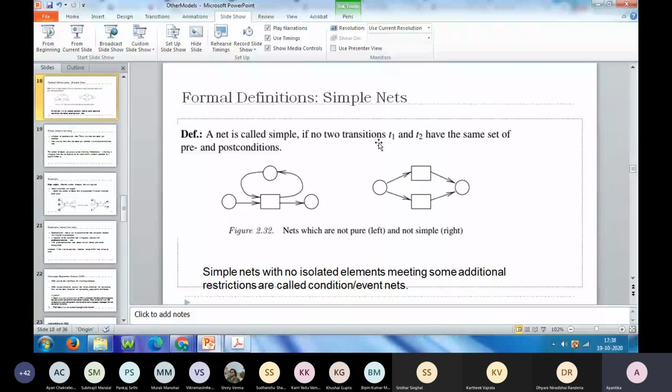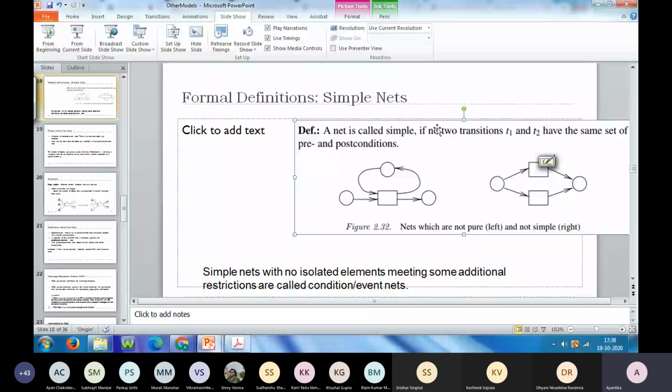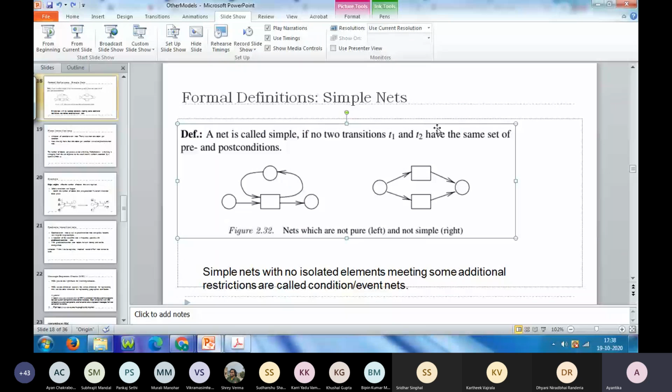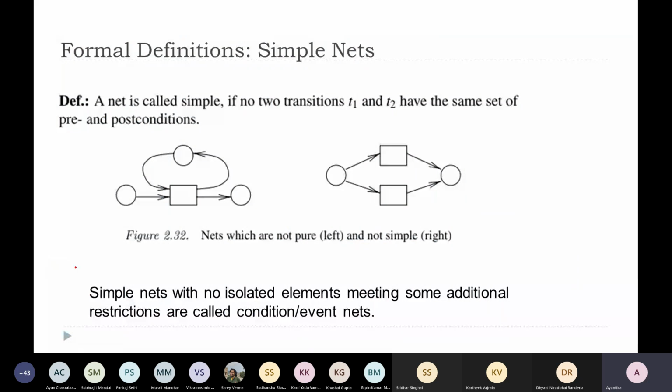Next, the formal definition. There is another definition called a simple net. A net is called simple if no two transitions T1 and T2 have the same set of preconditions and postconditions.